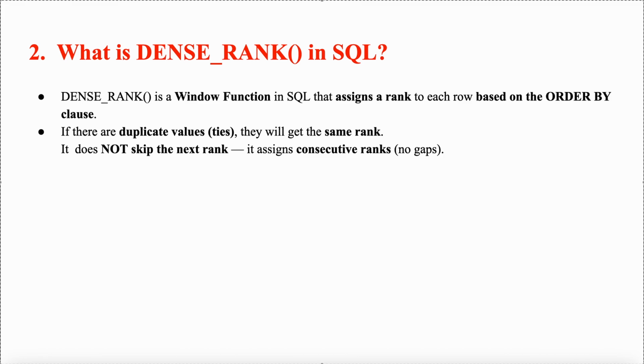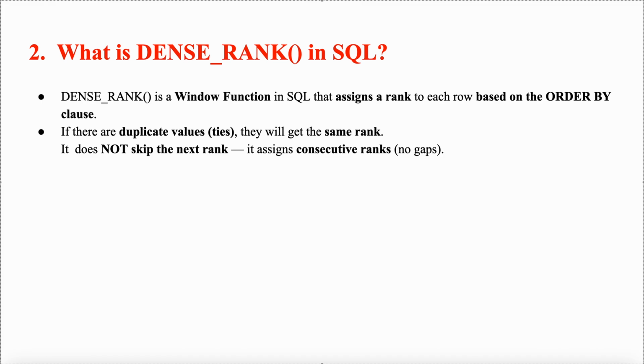Now, let's look at another very useful SQL window function, dense rank. Here's a common interview question. What is dense rank in SQL? Dense rank is a window function that assigns a rank to each row based on the order by clause, just like rank. Now, here's the key point. If there are duplicates, meaning a tie, the tied rows will get the same rank, just like with the rank function.